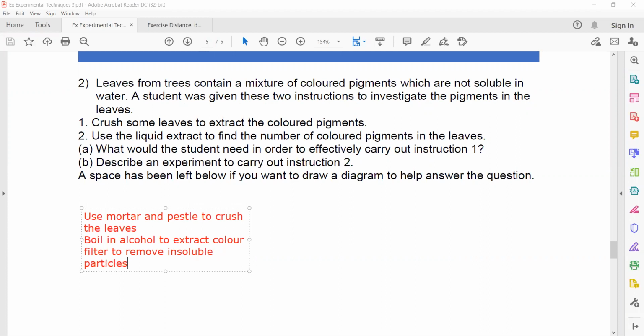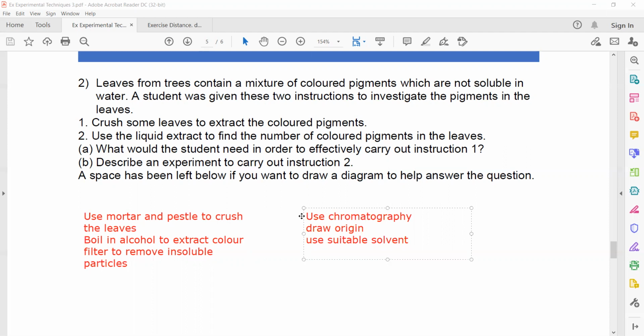Then how can we identify how many colored pigments are there? For that purpose we can use chromatography. Then draw the origin with pencil, then use a suitable solvent, not water. You cannot mention water, as I mentioned it is insoluble in water.